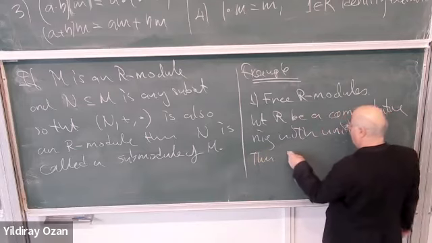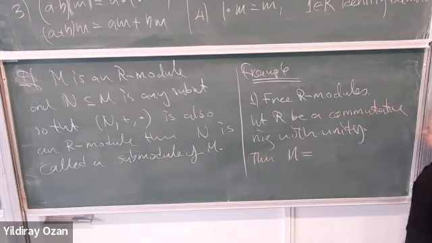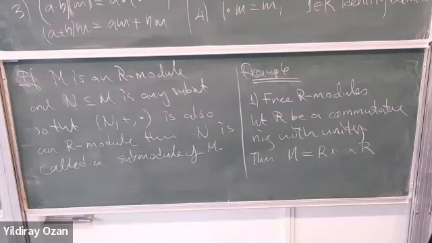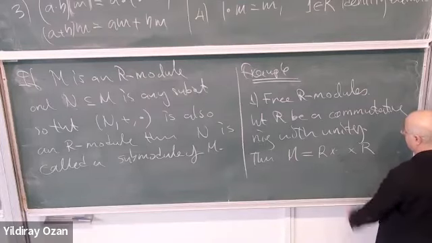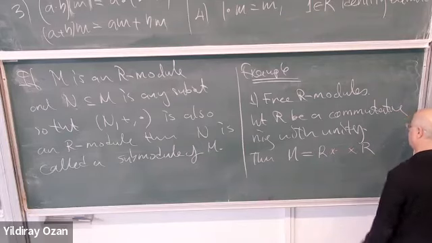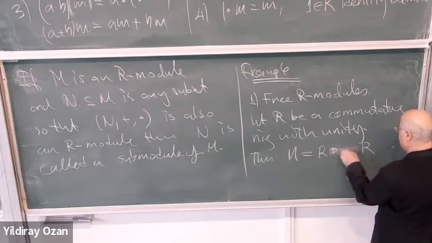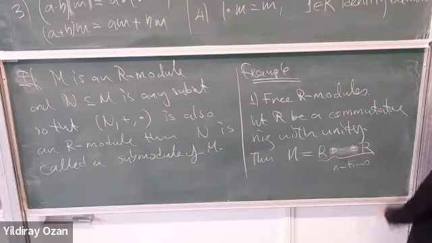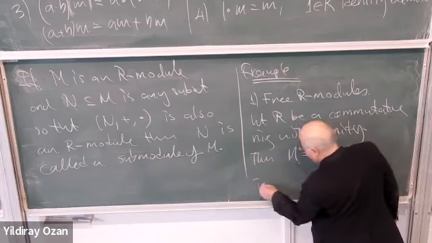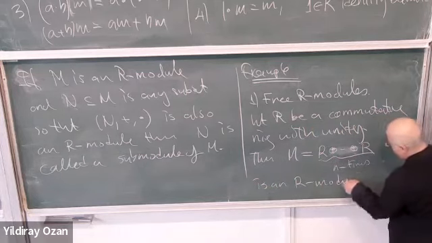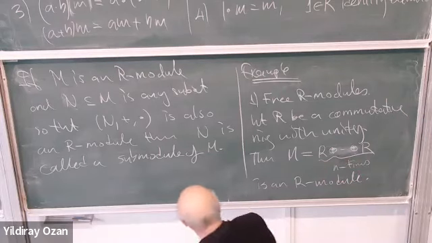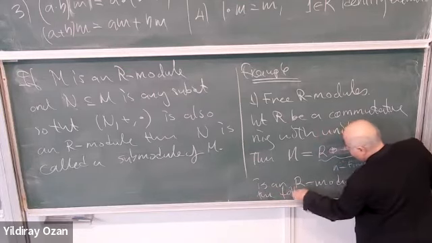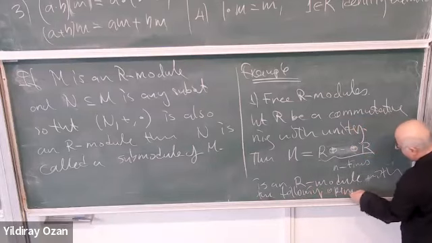Then R'nin kendisiyle n defa direct product'ını, kartezyen çarpımını alalım. R^n is an R module with the following operations.